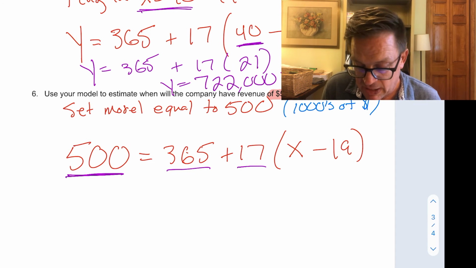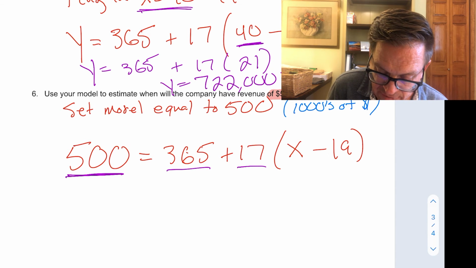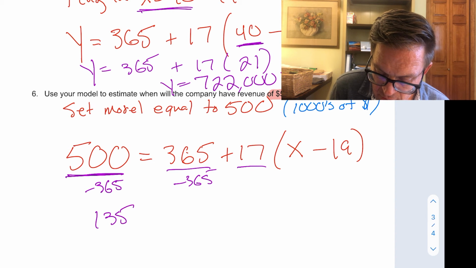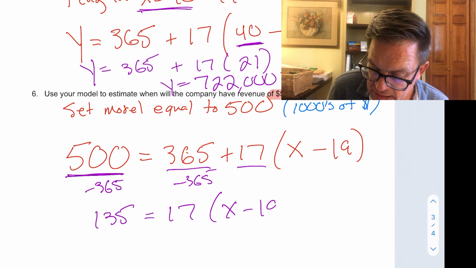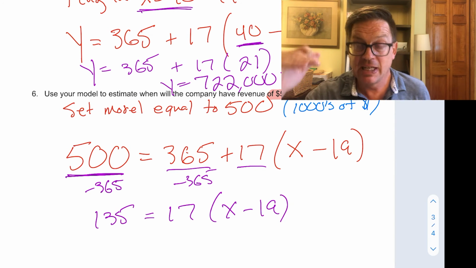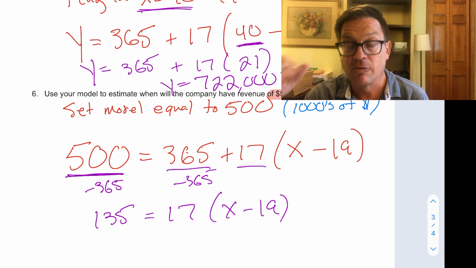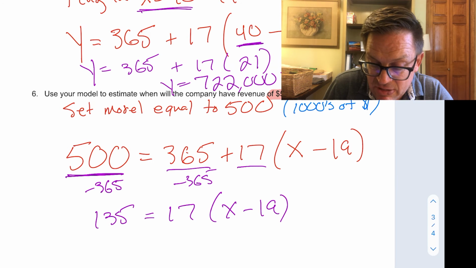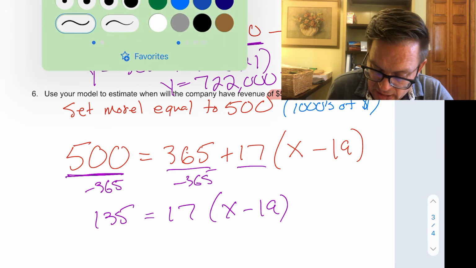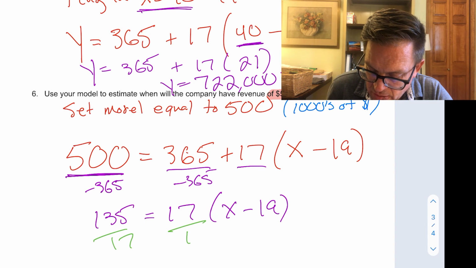And to solve that, I have to subtract 365 from both sides. So I get 135, which means how long it still has to go up 135,000 from that starting point of 365. And if it does that $17,000 per year, I divide by 17.